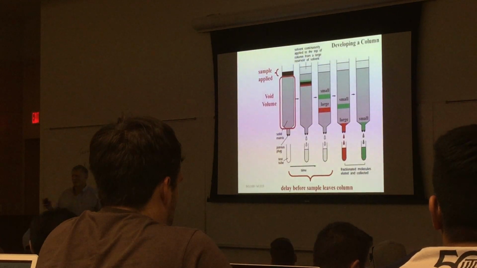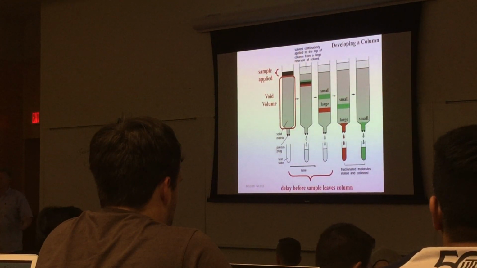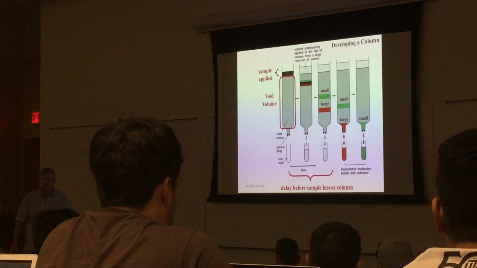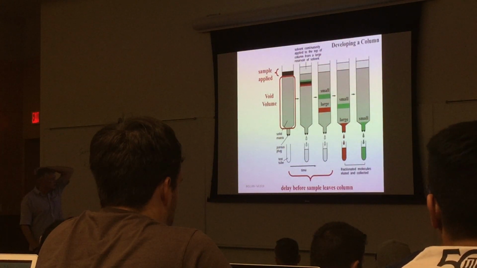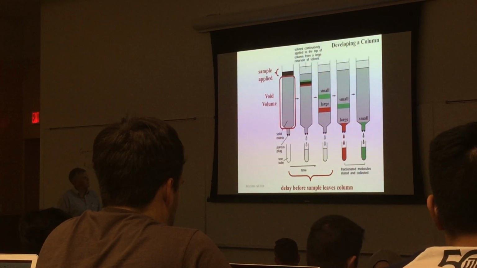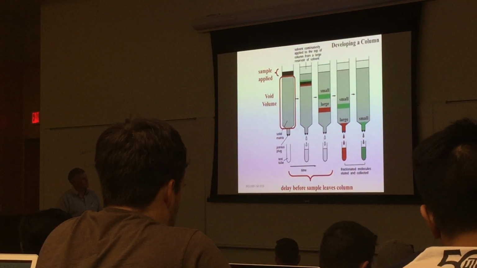All those cars in front, those driverless cars, it's just buffer. We call that the void volume. It has no proteins in it, no impurities. It's just buffer. And there's that delay there.